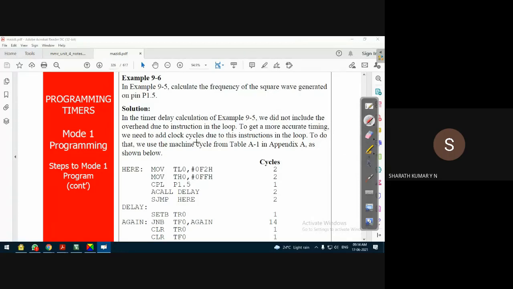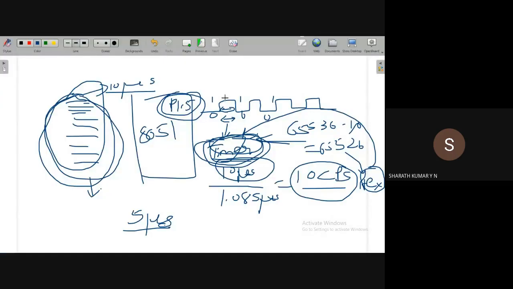The program is given. We have to understand what is the delay generated by the program, in other words, what is the frequency of this? Let us say this is the time period. We are generating, for example, 10 microseconds on period, that is T on is 10 microseconds, and the off period is, for example, 10 microseconds.